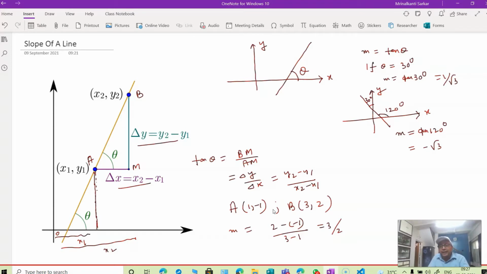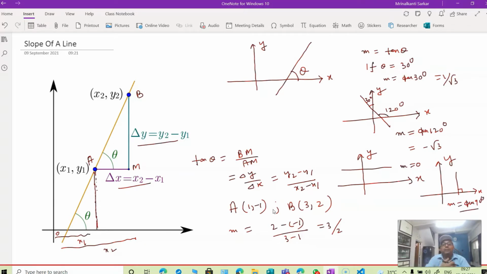What is the slope of a line if it is parallel to the x-axis? It will make 0 degree with the x-axis. Parallel means no angle with x-axis. So this line has slope 0. If it is perpendicular to the x-axis, draw perpendicular here. This m is going to be tan 90, an undefined quantity.